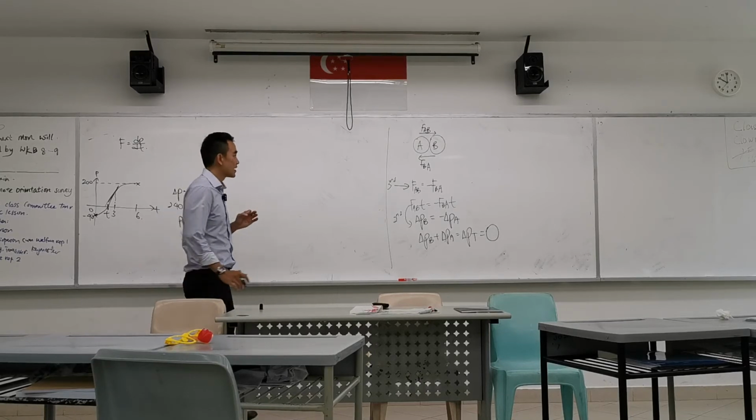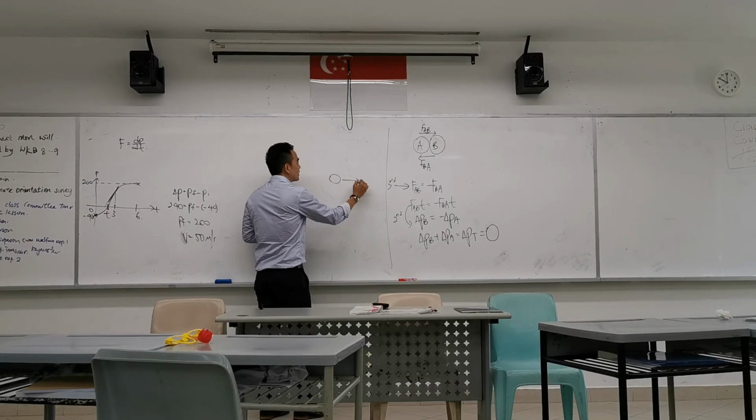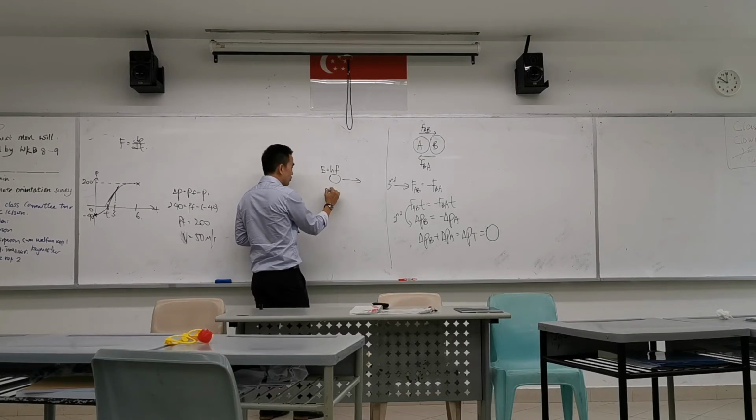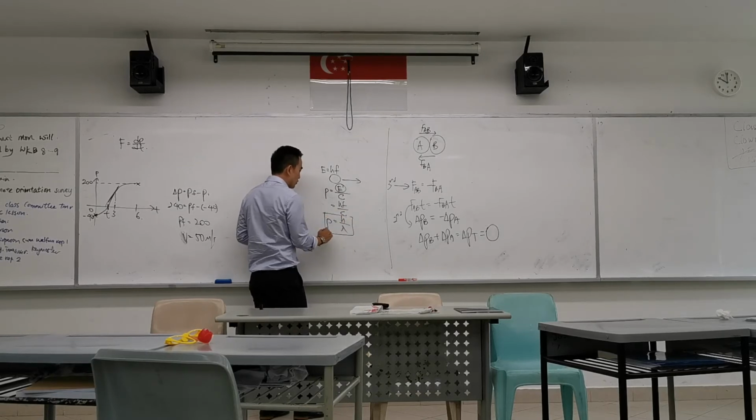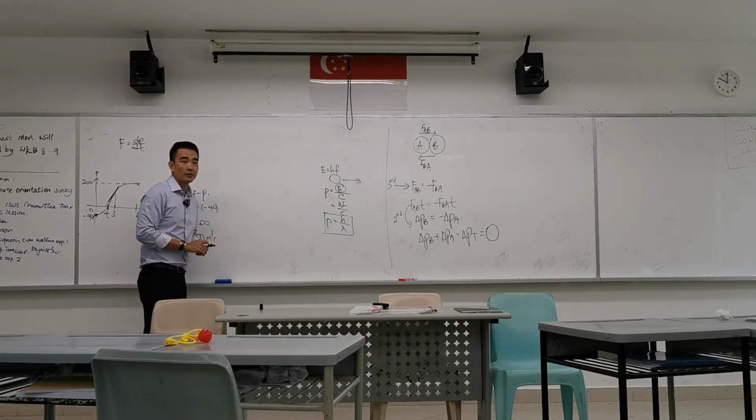If you model light as particles, entertain me just for 1 minute. If you have this light particle of energy E equals hf, it is known that the momentum of the particle is p equals E upon c. So you take the energy of this light particle, hf upon c, that gives you h upon lambda. So this is the momentum of the light particle.